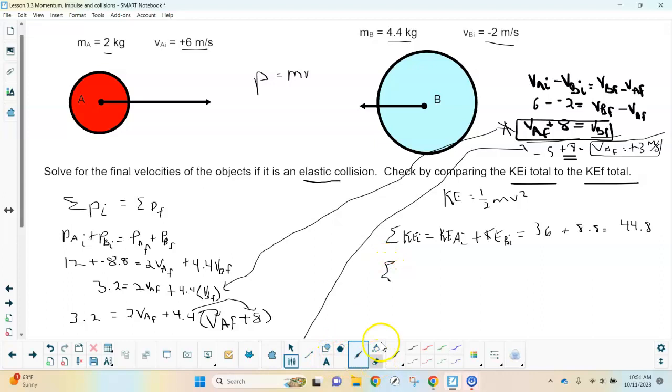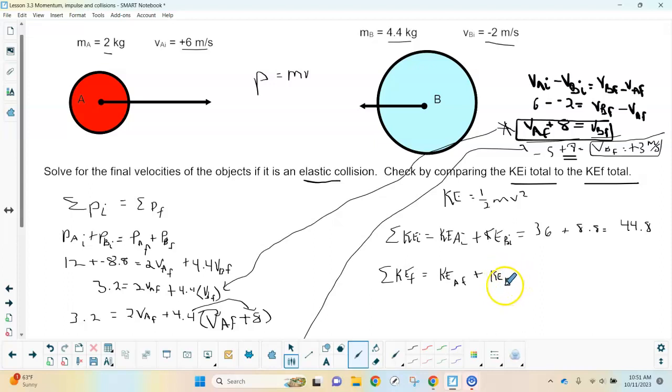Let's try this again. So sigma KE final. We have to think about what's moving at the end. We have both things moving, so A has a final kinetic energy, and B also has a final kinetic energy. Again, I'm going to do the work on my calculator.